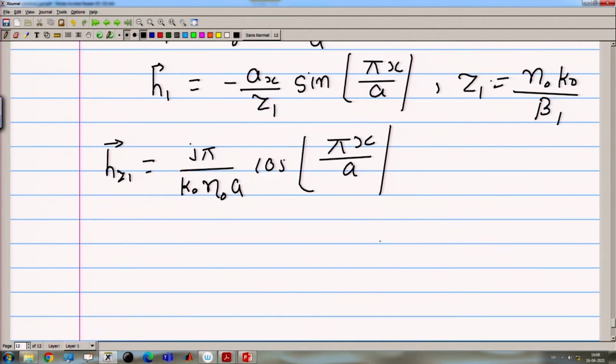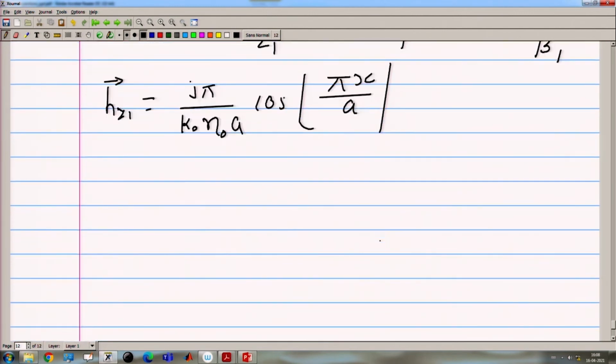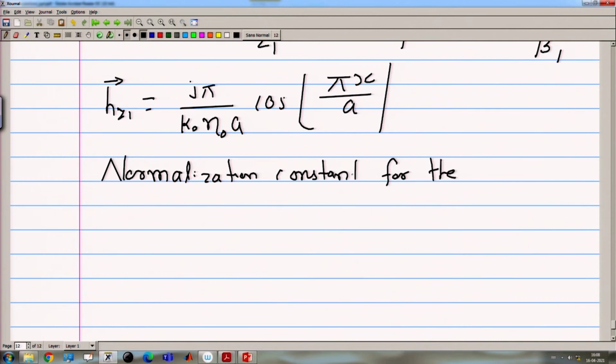Now, the normalization constant for the nth mode.